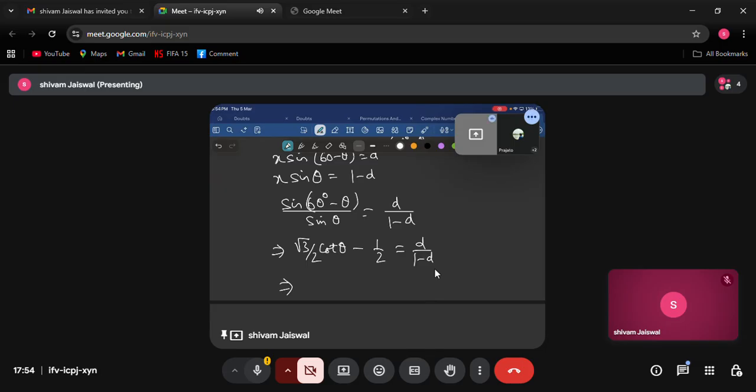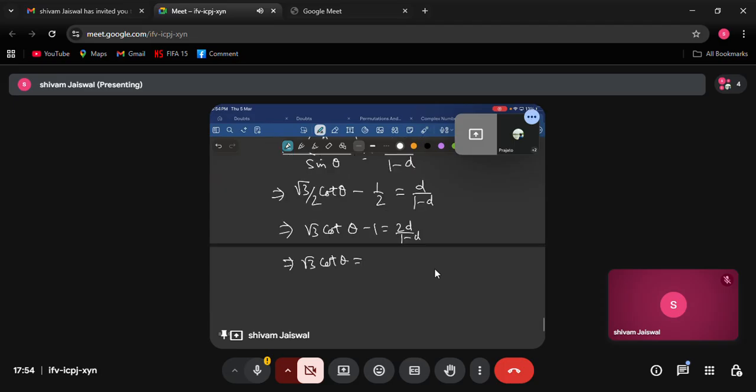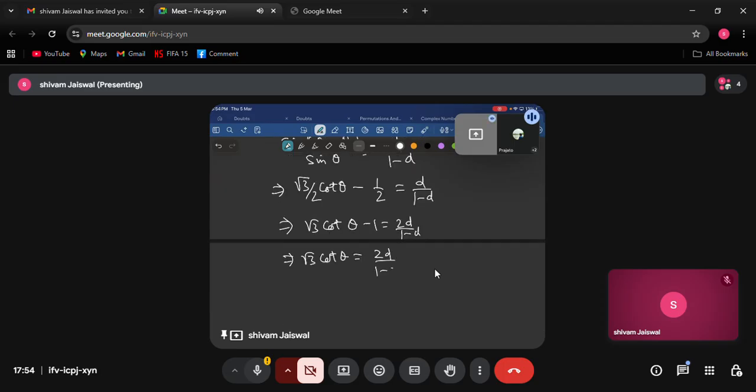Multiplying by 2, we will get root 3 cot theta minus 1 is equal to 2d upon 1 minus d. This implies root 3 cot theta is equal to 2d by 1 minus d plus 1. That will give us 1 plus d upon 1 minus d. So I've got root 3 cot theta is equal to 1 plus d upon 1 minus d.